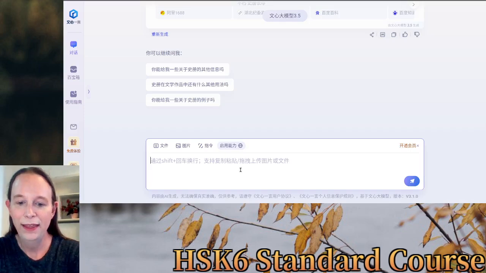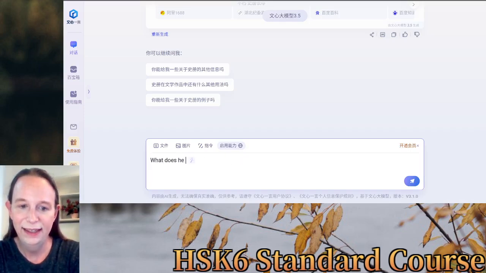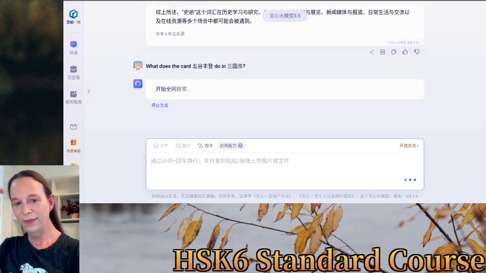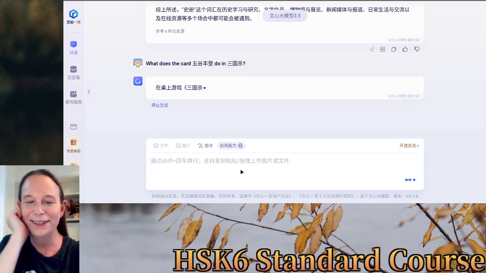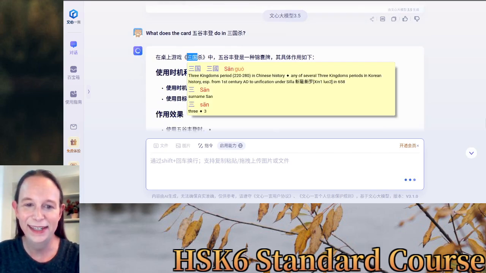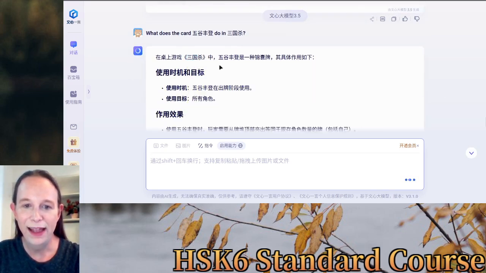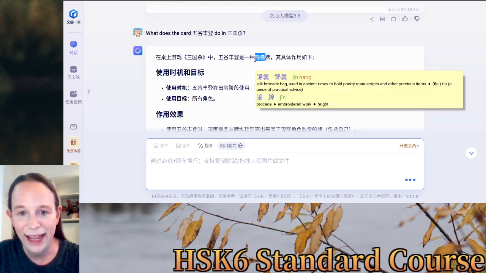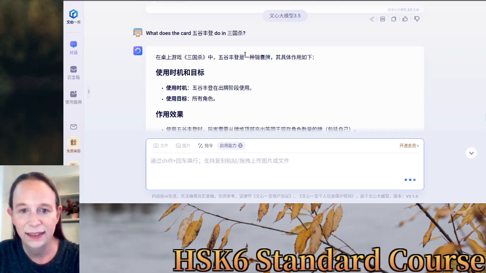Here. What does the card do in 三国杀? I probably should play more 三国杀. It's a good way to learn about the 三国时期, learn Chinese history, but it's kind of fun. Okay, 五谷丰登是一种锦囊牌.